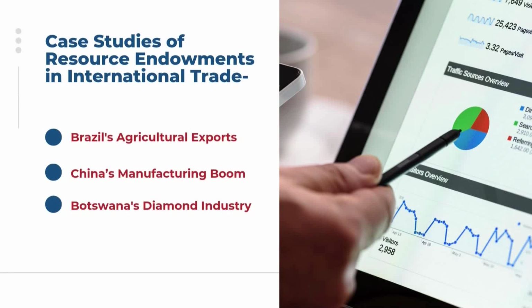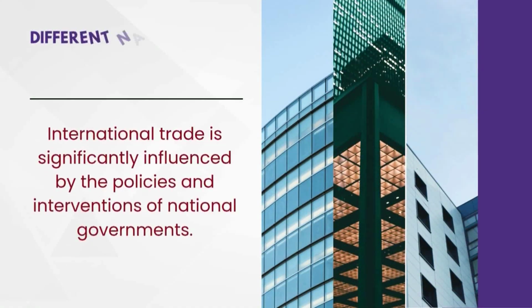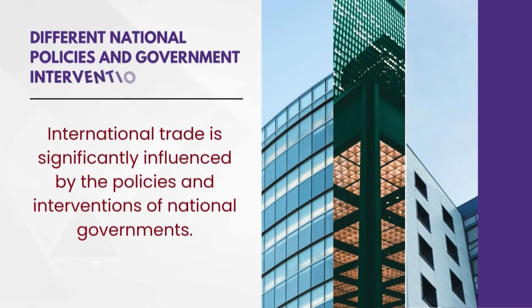Botswana has successfully capitalized on its diamond resources to achieve significant economic growth. However, every country has to work to diversify its economy to reduce dependence on a single resource.